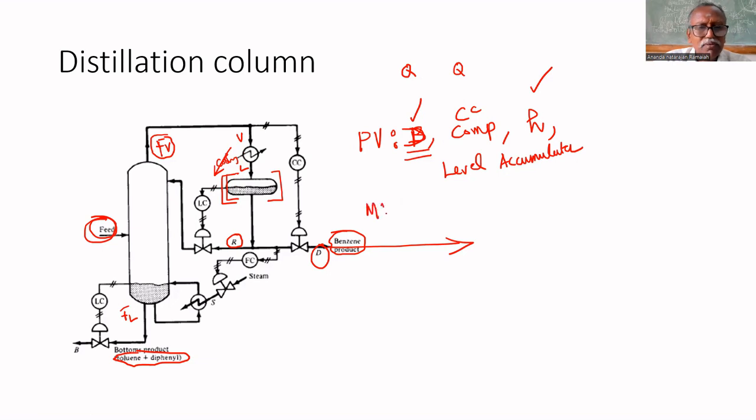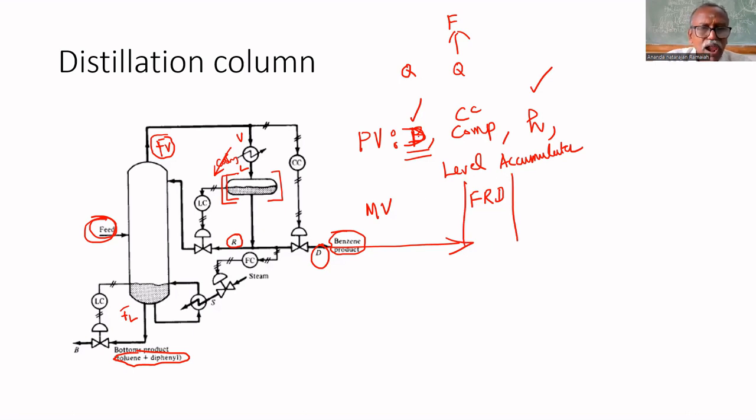What are the manipulated variables here? One is the flow rate of benzene, for composition control. That is flow rate of D. That is one manipulated variable.